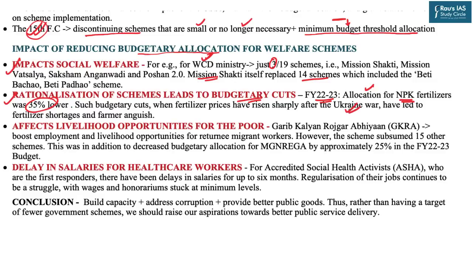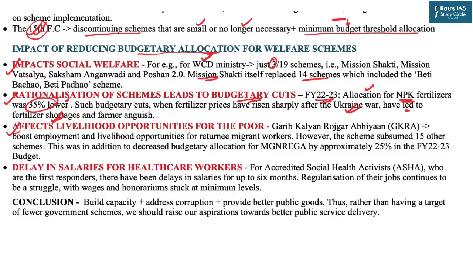And we all know that the Russia-Ukraine war has led to fertilizer shortages on one hand and an increase in fertilizer prices on the other. So that is why at this particular point of time, if the government has reduced the allocation for these fertilizers by 35%, then it is a matter of grave concern.